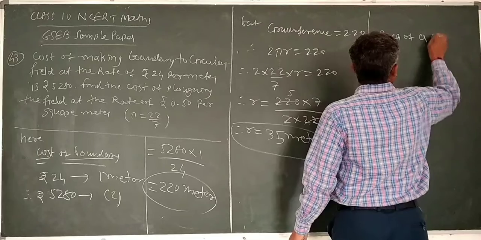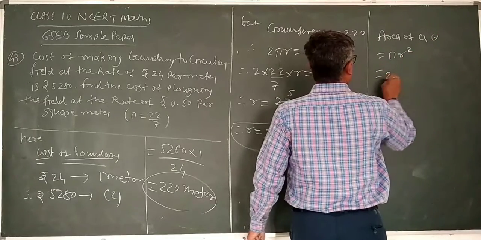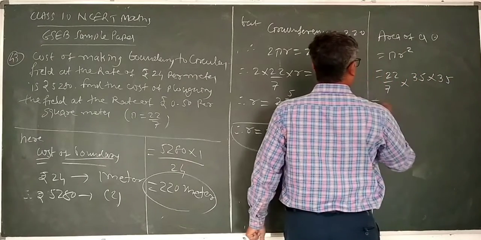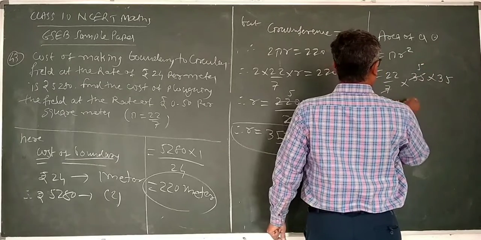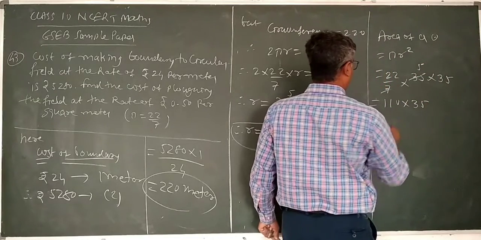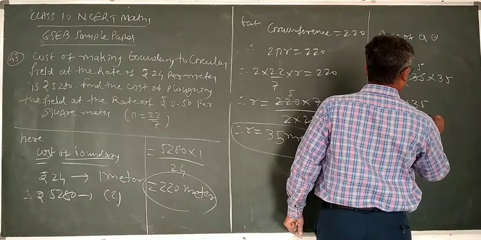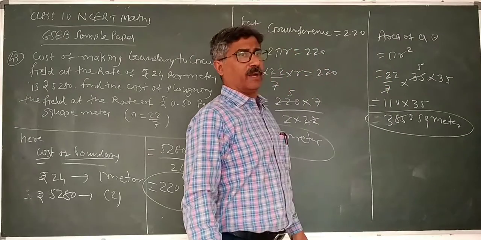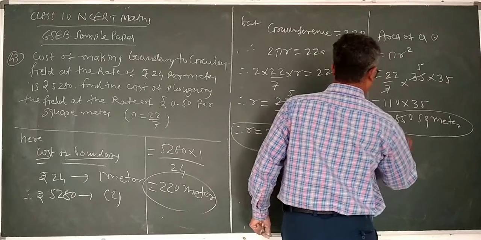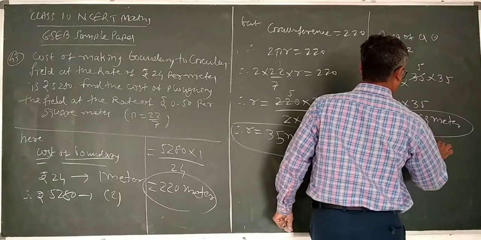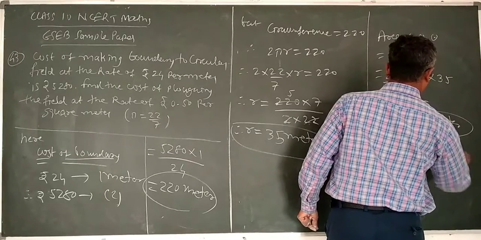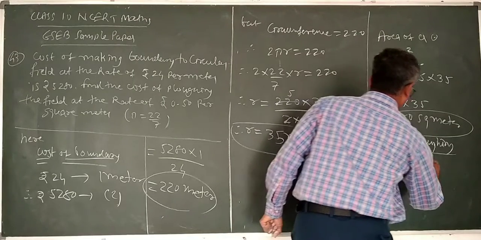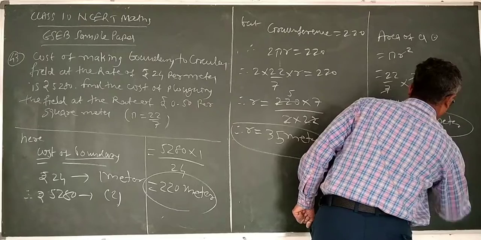Area of a circle is pi r squared, 22/7 multiplied by 35 multiplied by 35. 110 multiplied by 35 gives you 3850 square meters. Now the cost of ploughing the field: the cost of ploughing 1 square meter equals rupees 0.50.